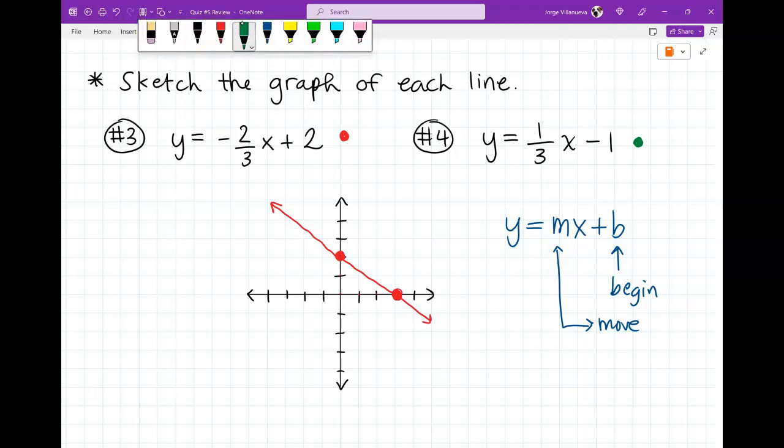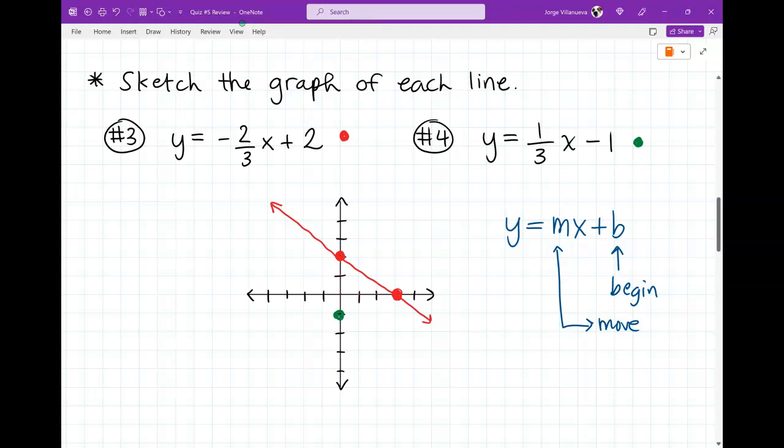Now let's look at the green one, right? y equals 1/3 x minus 1. Where do I begin on that one? Negative 1. And it just so happens that I have a positive slope. I got to go up once, 3 over. So up once, 3 over. It actually leaves me right here.